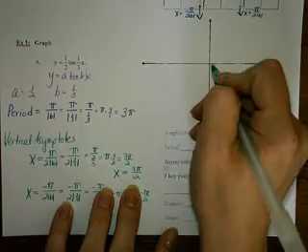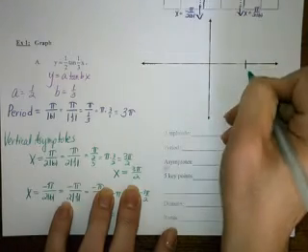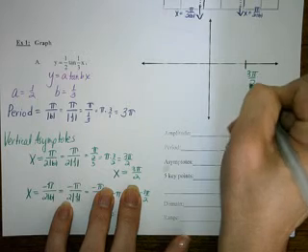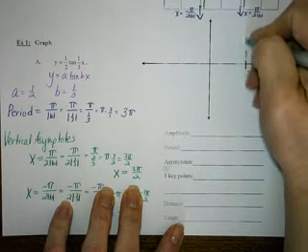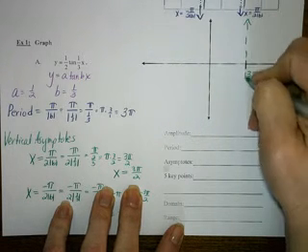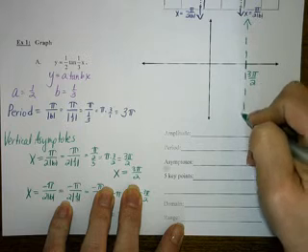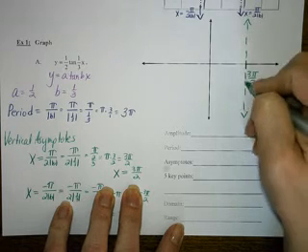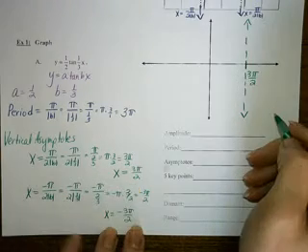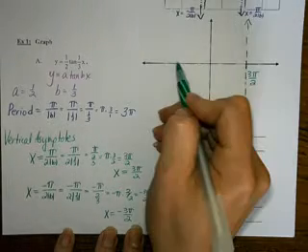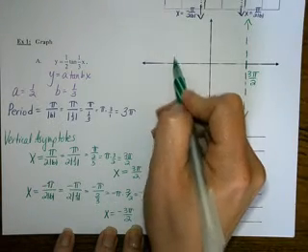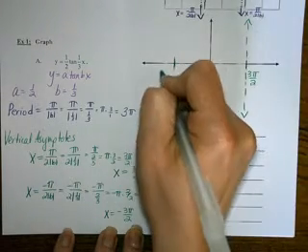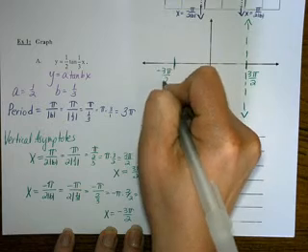So I'm going to go to the right 3 pi over 2, and I'm going to put a vertical asymptote in there. I'm going to go to the left 3 pi over 2, and I'm going to put my other vertical asymptote in there at negative 3 pi over 2.